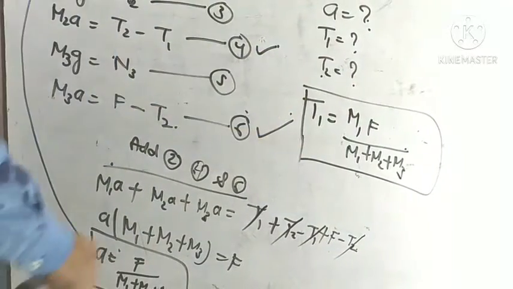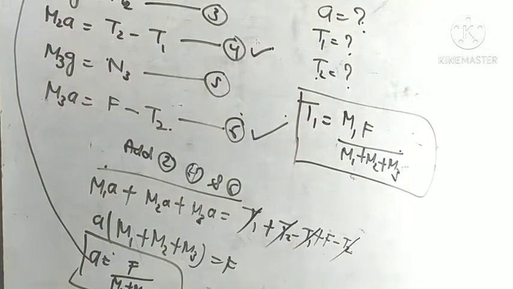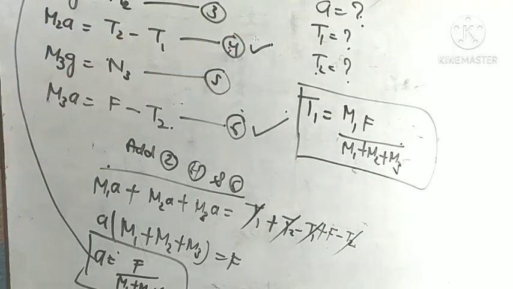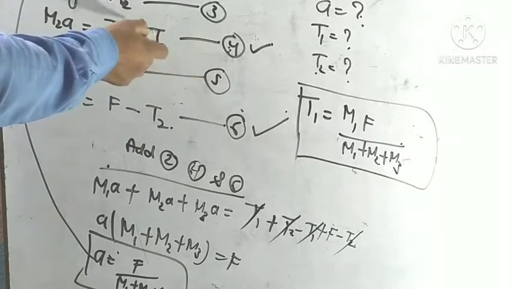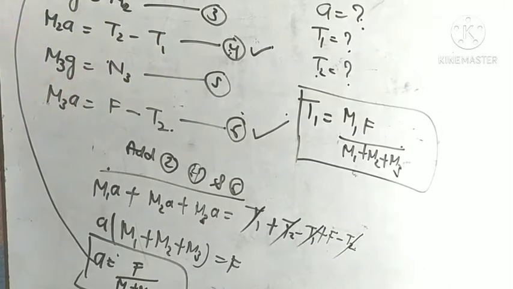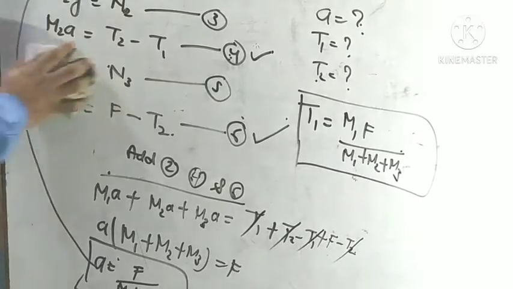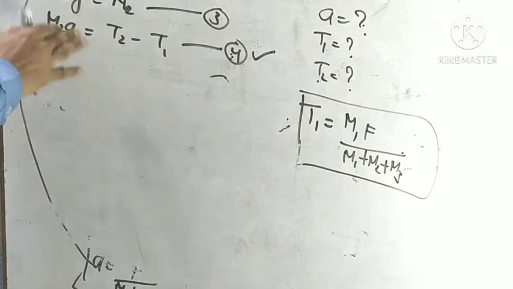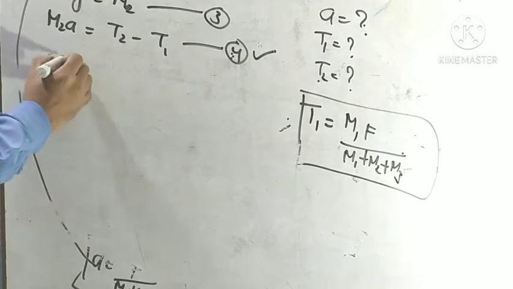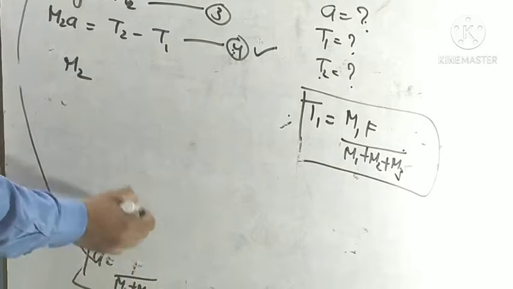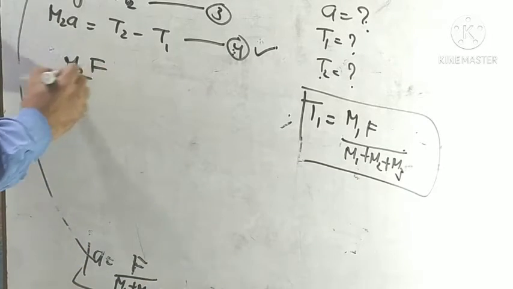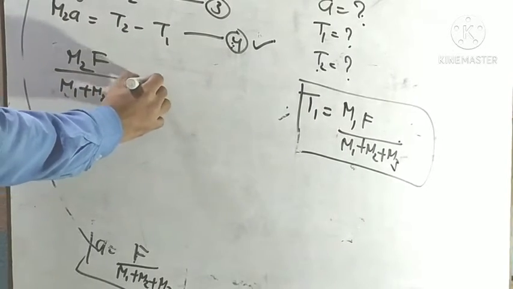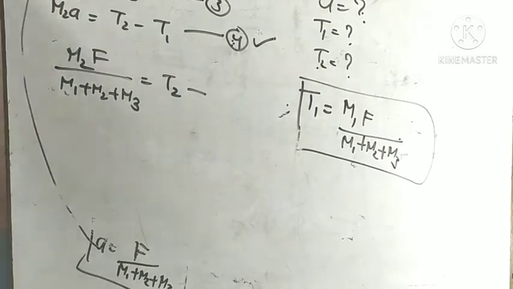Okay, so what do we do here? We put the value of T1 and acceleration a in equation number 4. Okay, then we will get the tension T2. So now we put the value of acceleration, which is F upon m1 plus m2 plus m3, and we put the value of T1.